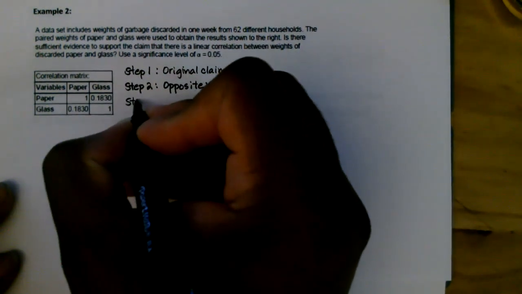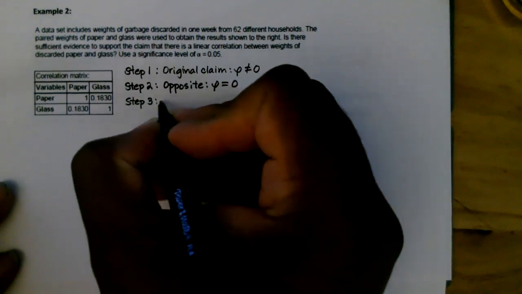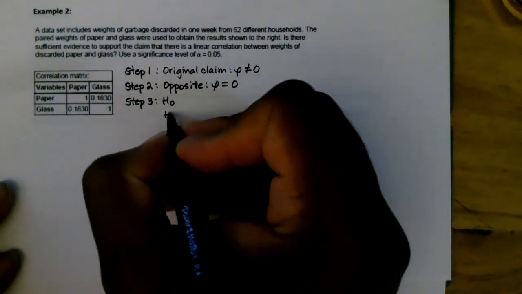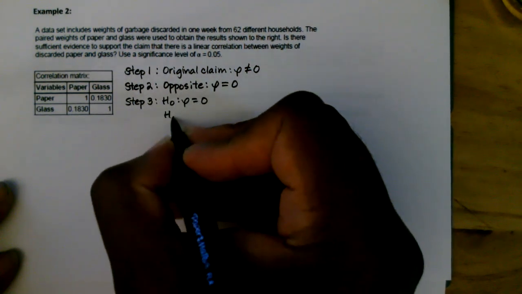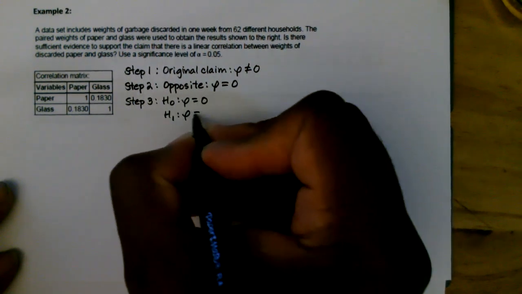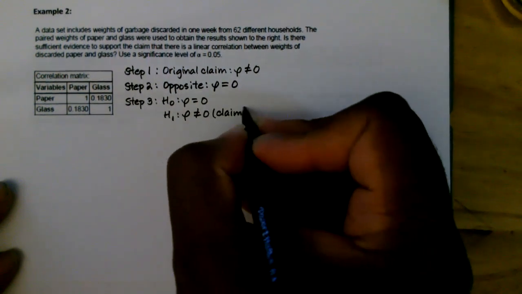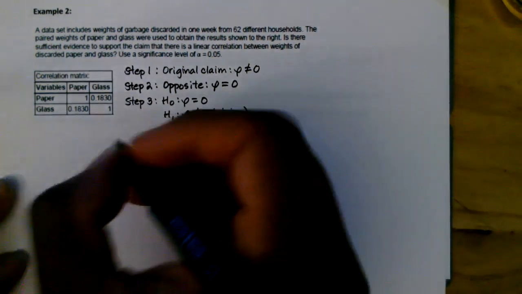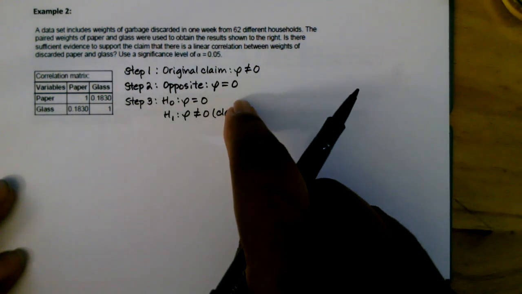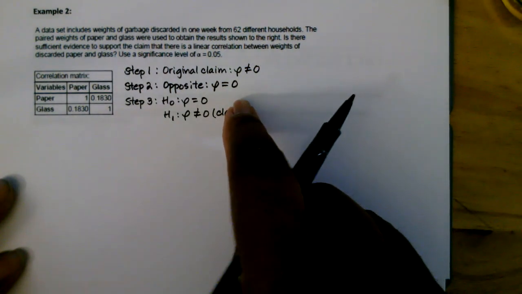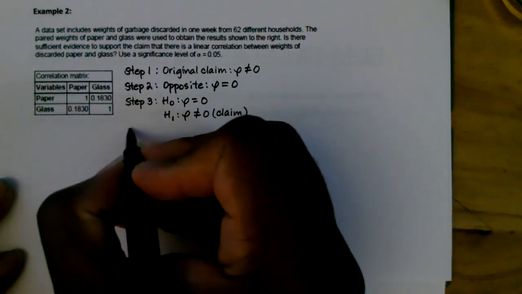And then step number 3 is the statement of the null and alternative hypothesis. That means rho is equal to 0 and rho is not equal to 0, and the alternative hypothesis, rho not equal to 0, is the claim. It's always going to be like this when you're dealing with a linear correlation between two variables.